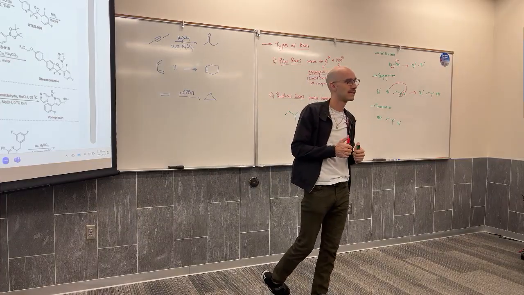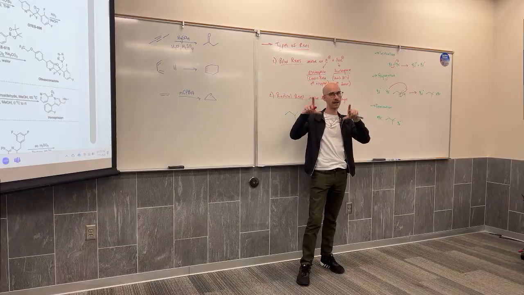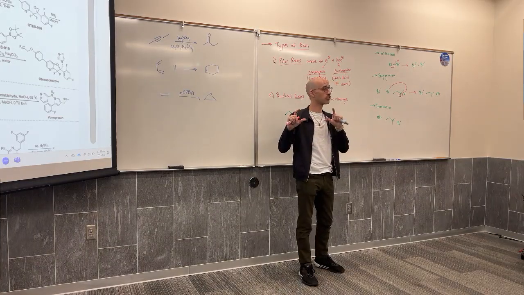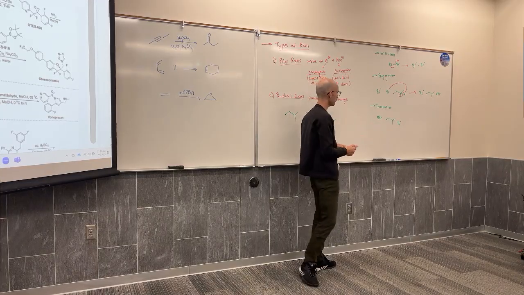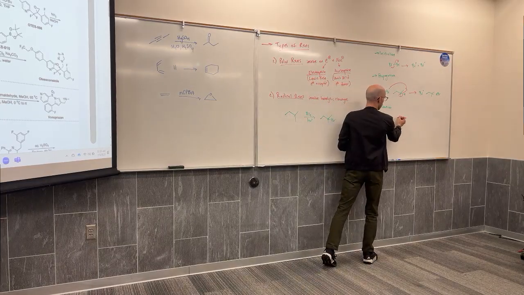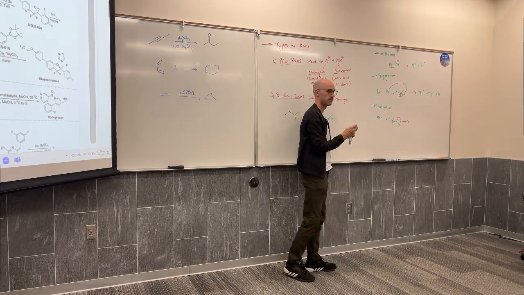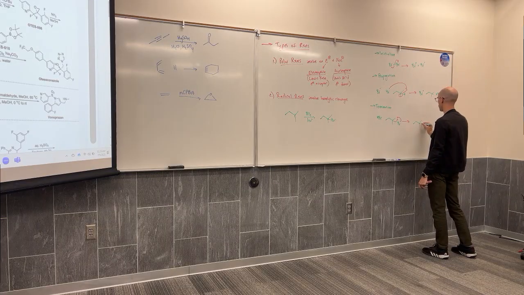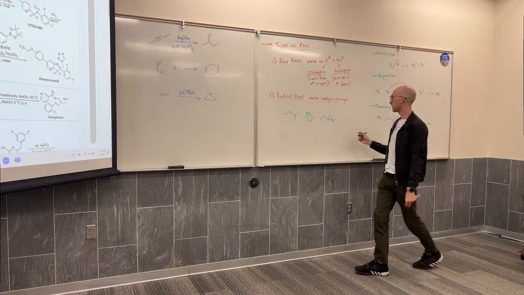You join the radicals. If initiation is non-radical becomes two radicals, termination is two radicals become non-radical. Bromine radical bonds with carbon radical. So my final product is 2-bromo-2-methylbutane and HBr.